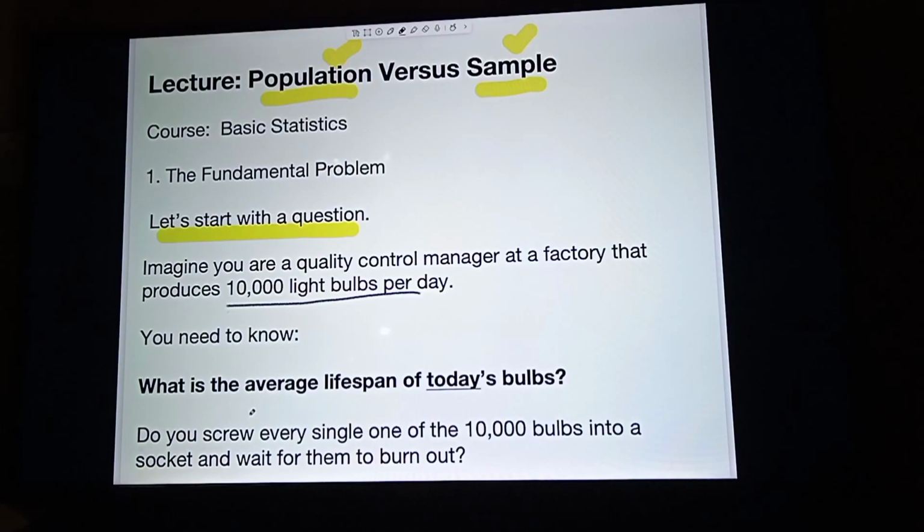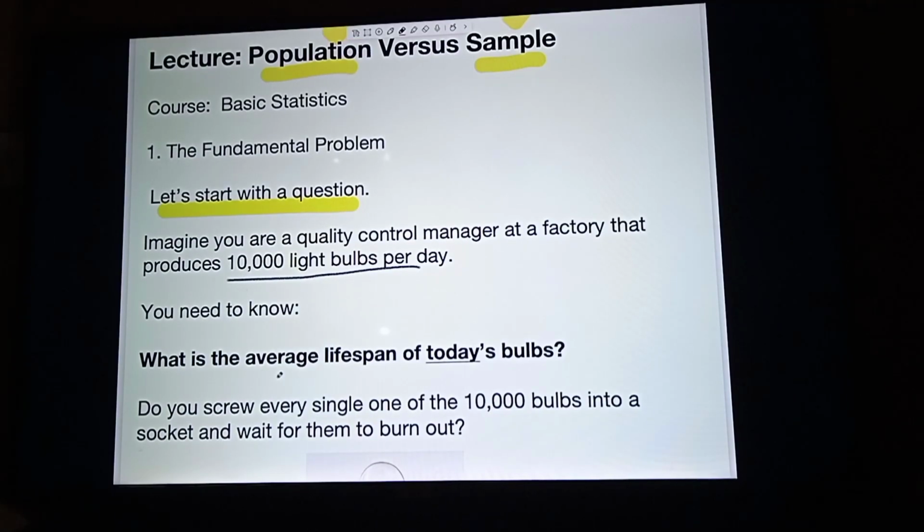So, you need to know what is the average lifespan of today's bulb. So, to check the average lifespan of today's bulb, you need to test them.